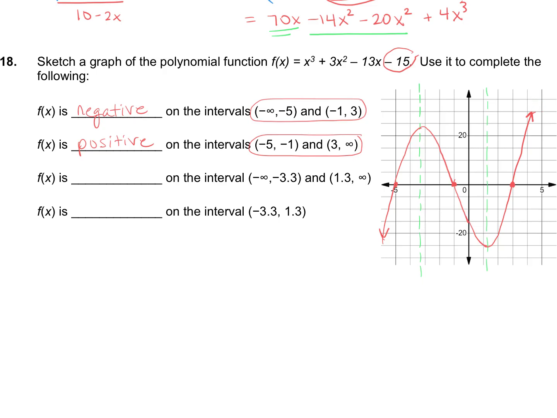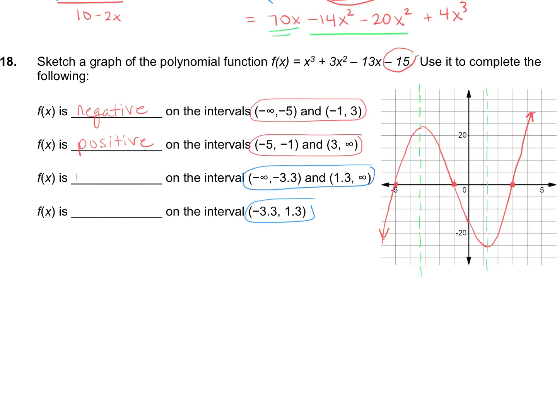So when we see these numbers in our intervals that are not the zeros of your function, those are going to be your turning points. So we have to figure out, are we increasing or decreasing on those intervals? From negative infinity, the left side of your graph, all the way to the negative 3.3, we were increasing. And then from 1.3 to positive infinity, we're increasing again there.